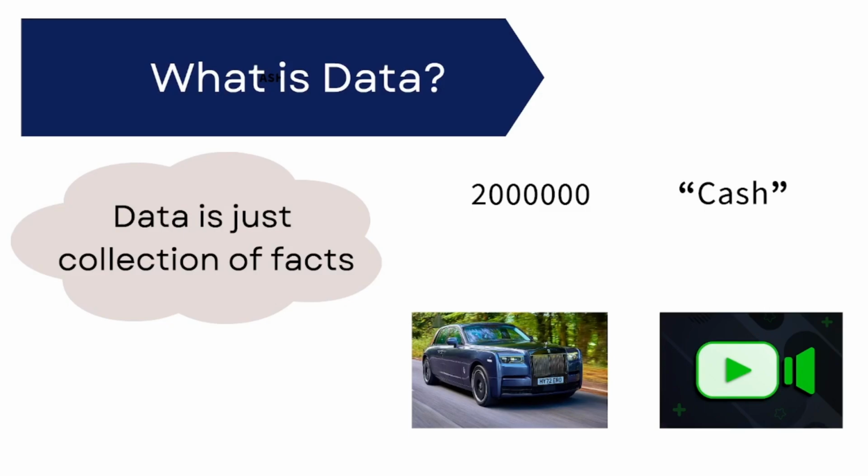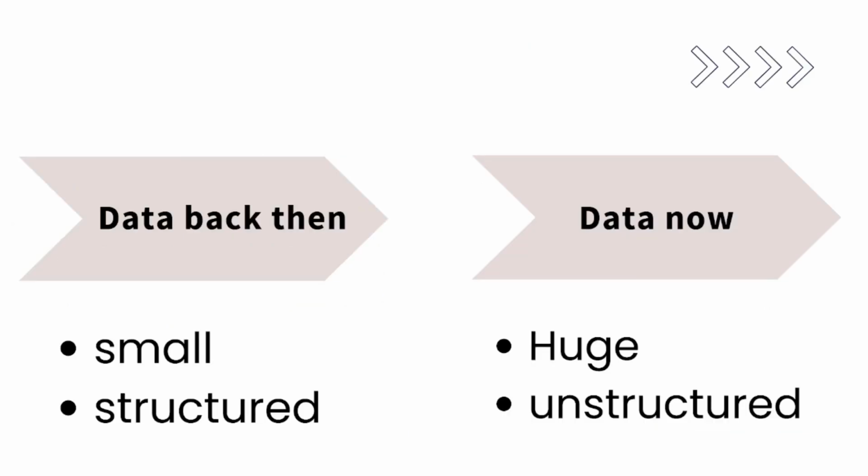Okay, now we will highlight the difference between data in the past and now. Data, as we know, has changed a lot over time. Back then it was small and structured. Small, it was being generated every single day and measured by kilobytes. Structured means it was mostly stored in organized tables with rows and columns.